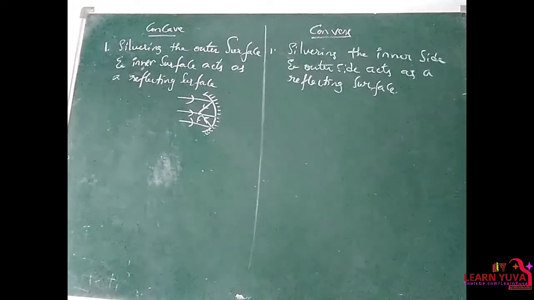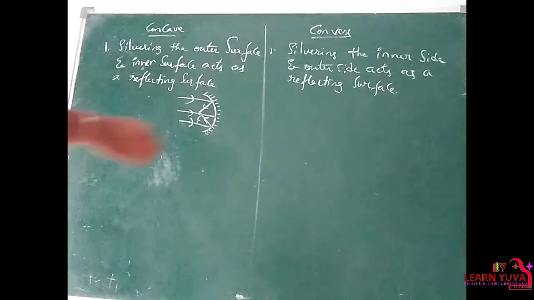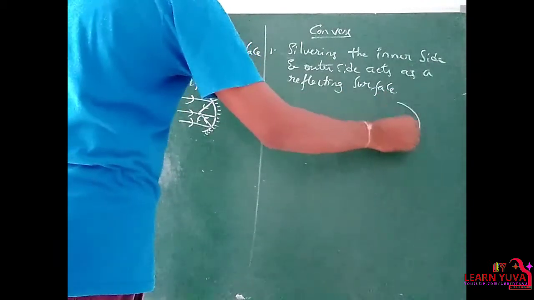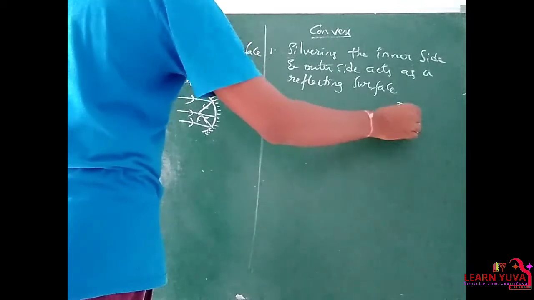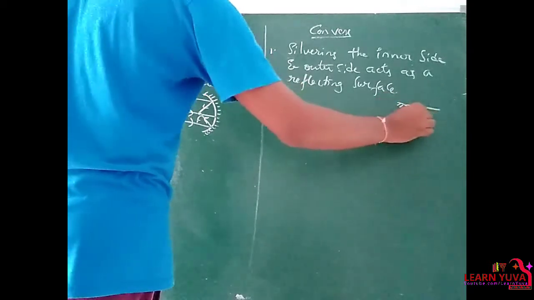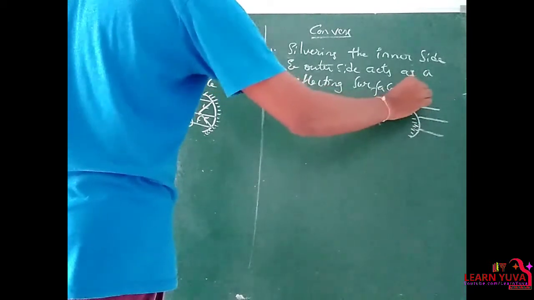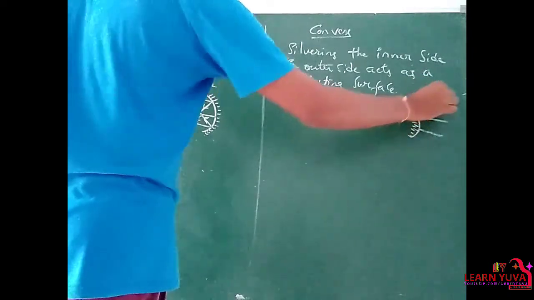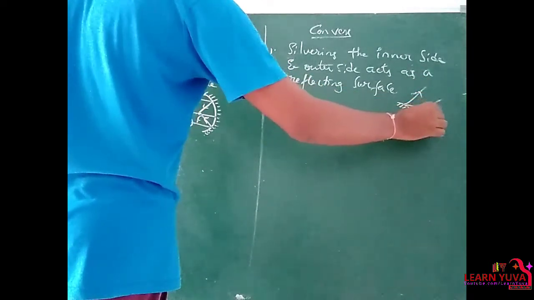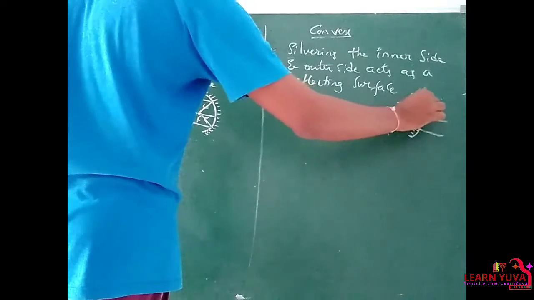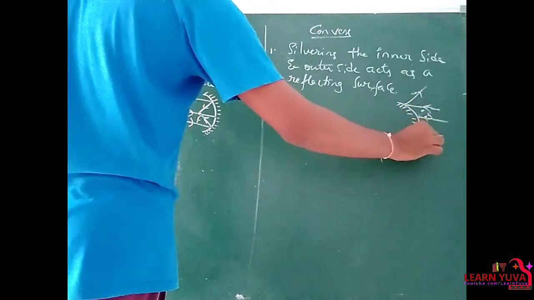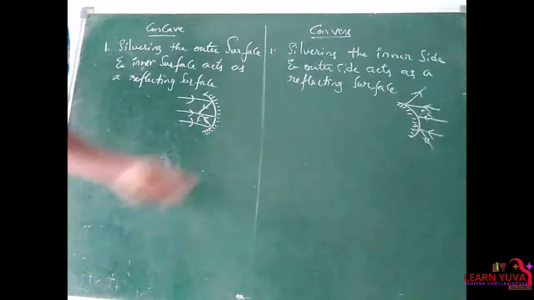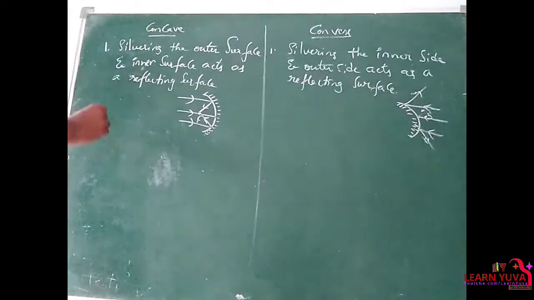In the convex mirror, the inner side is coated and the outer side acts as a reflecting surface. Right? So the outer side acts as a reflecting surface.